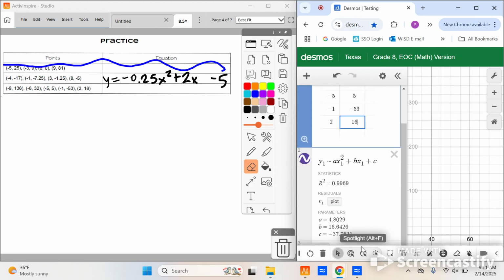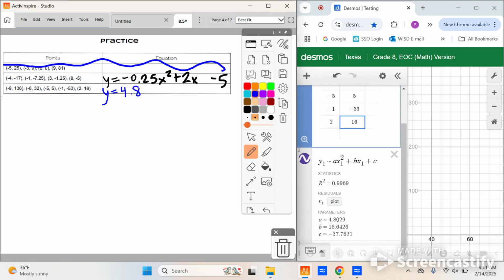Now, I notice that they're kind of odd numbers, but I'm just going to round to the nearest tenth again. So my a is 4.8, so y equals 4.8x squared. My b is 16.6, so plus 16.6x. And my c is -37.76. The 6 tells the 7 to round up, so -37.8.